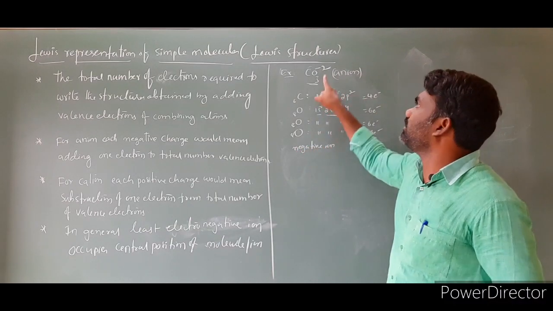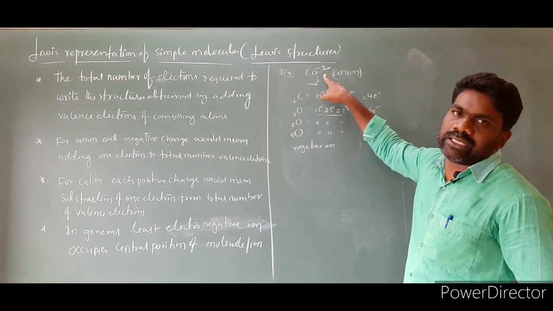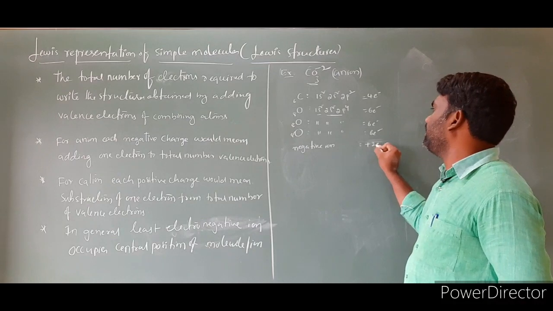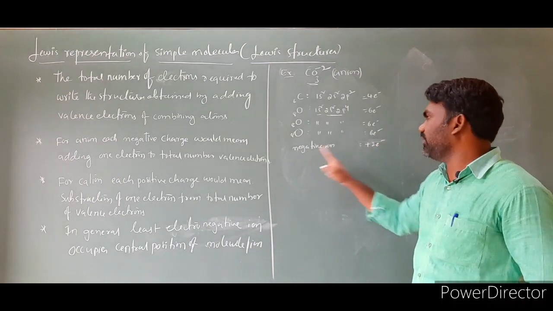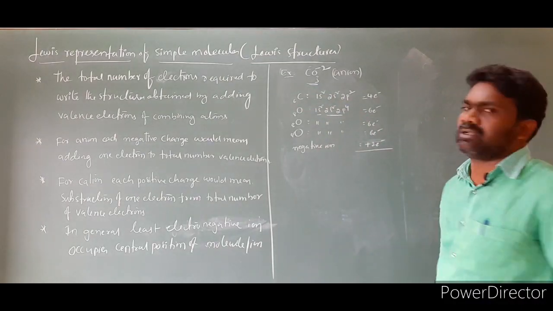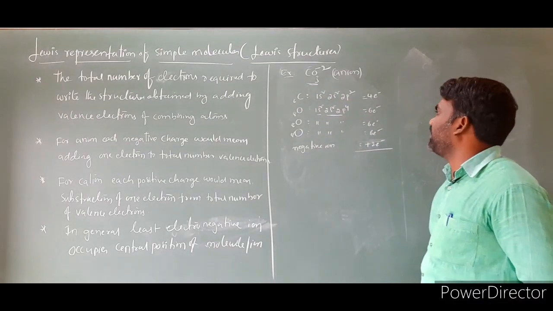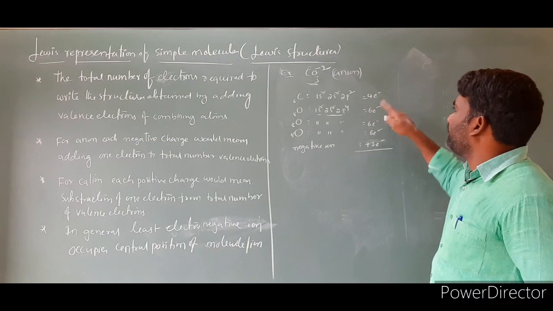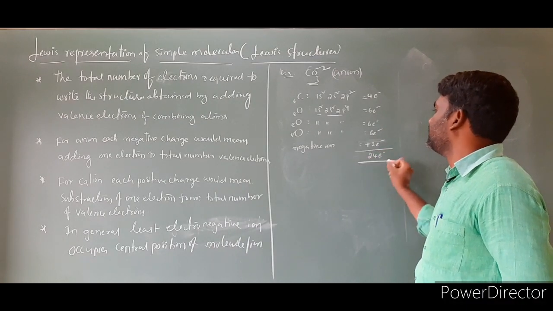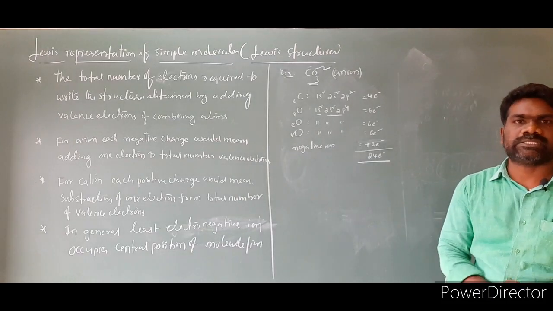How many negatives are there? 2 negatives, so we have to add 2 electrons. From the negative charge we got 2 electrons, along with the valence electrons of the combining atoms. Count the total number of valence electrons of CO3 2-: 24. Now what is our objective?